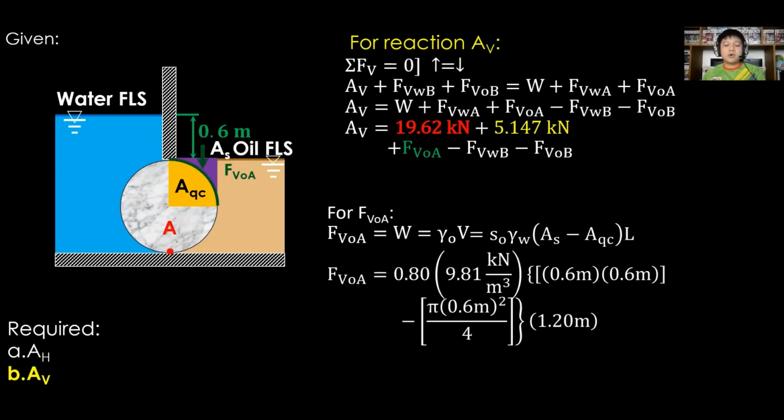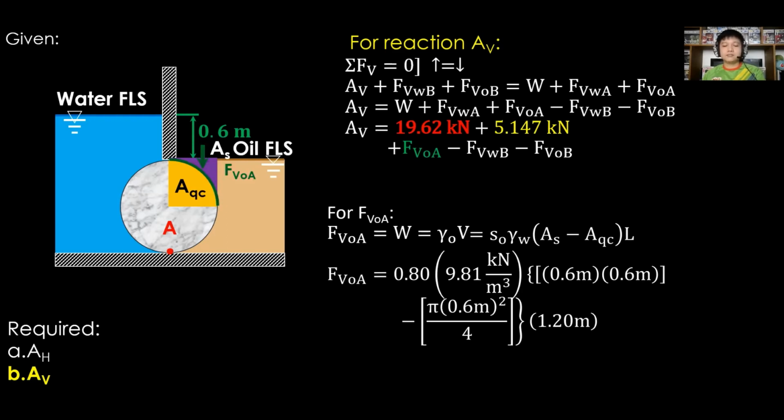Substitute S sub O as 0.8, gamma of water as 9.81 kilonewtons per cubic meter. Area of the gross shape, that is the square, is 0.6 by 0.6 meter. For area of quarter circle, it is pi times the radius, that is 0.6 meter raised to 2, then divided by 4.